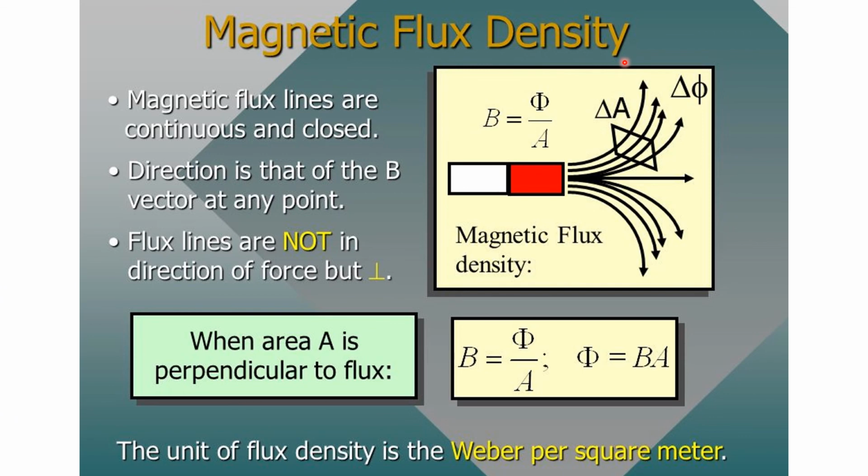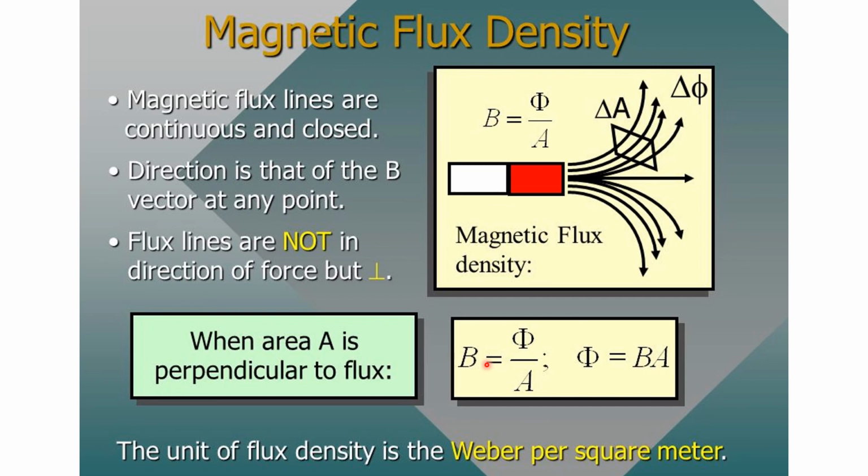Magnetic flux density. From the formula phi equals BA, which we discussed in the previous slide, we can write B equals phi divided by A, where B is magnetic induction, which is also known as magnetic flux density because magnetic flux is divided by area. So here magnetic induction B is defined as magnetic flux per unit area and it is known as magnetic flux density.